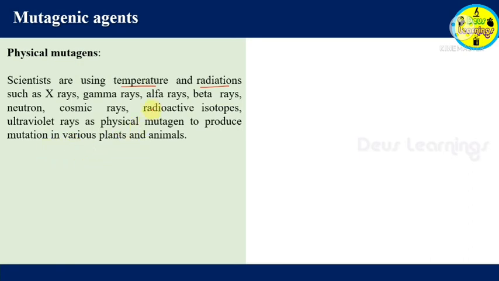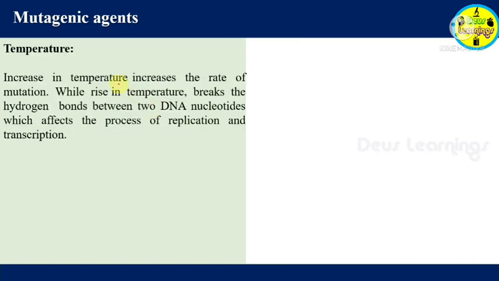They are high energy, penetrable radiation, and they can break the bonds, because of which there may be insertion or deletion of nucleotides leading to a mutation. Then temperature: if you increase the temperature, the rate of mutation increases.